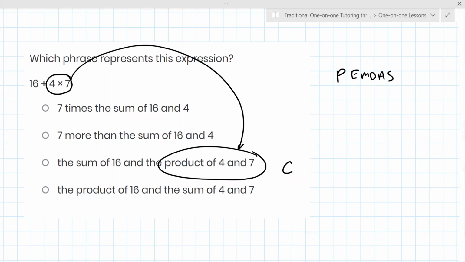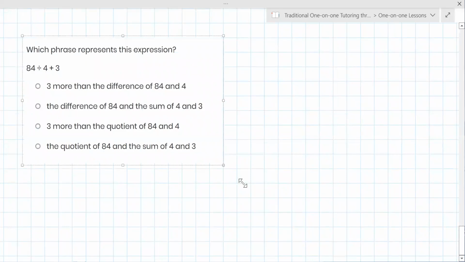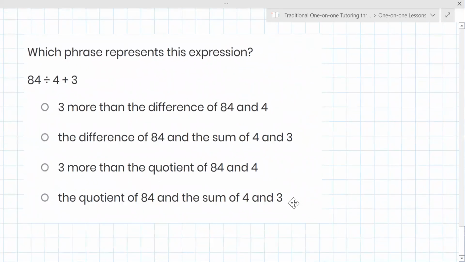All right, let's go on to the next one. I would totally understand if these are really difficult. They're very nuanced. So our language isn't very helpful here. Again, the thing that you would do first here is divide. So which one has something about a quotient between 84 and 4?